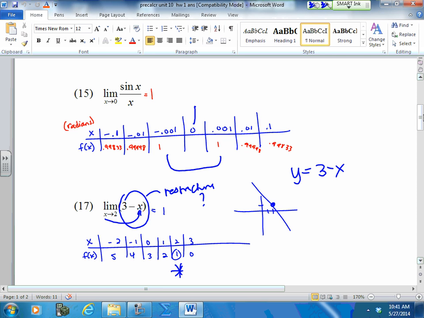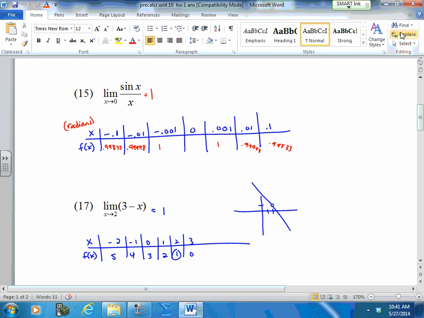I'm able to find that value. So whether I can't find it and I'm approaching the same number, or I can find it, I still have a limit at that x value. That's probably one of the more difficult concepts to catch, that I am having a limit when I can replace it as well.